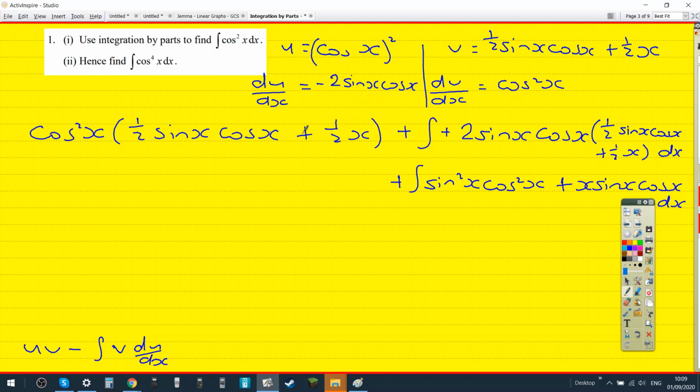I don't know if you have to or if you can just leave it like that. So we expand this out. What do we get? Half sine x cos cubed x plus half cos squared x times x. Okay, great. Now I have to figure out how to integrate that.